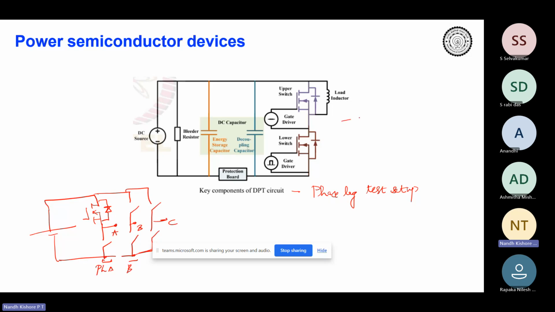What you have here is basically a DC source and two switches in this fashion, and you have an inductive load connected across the top device.